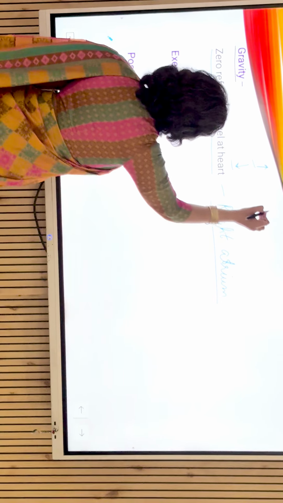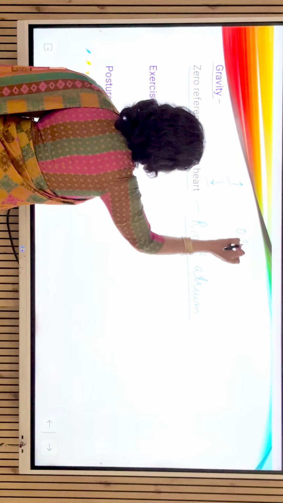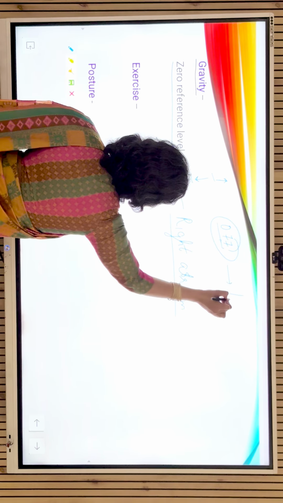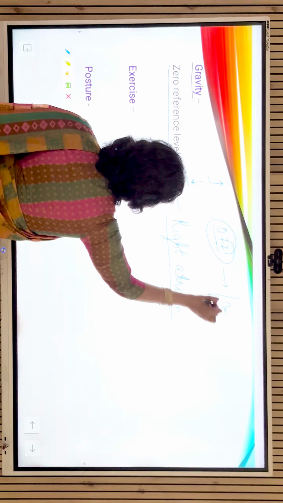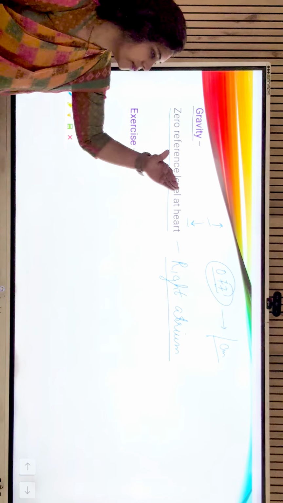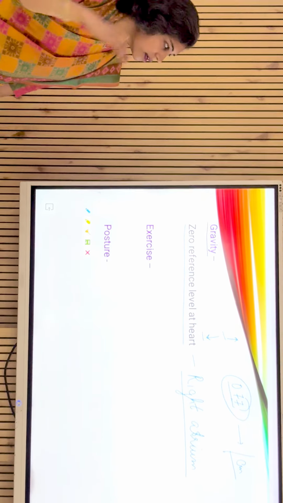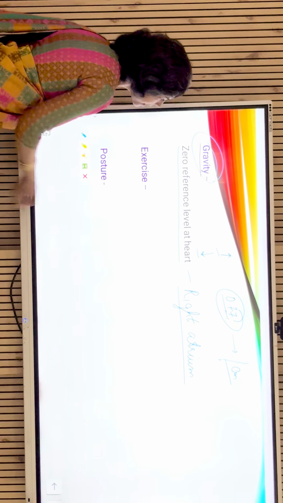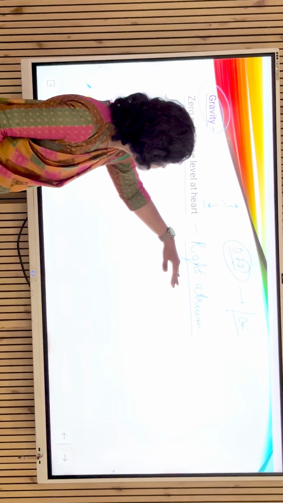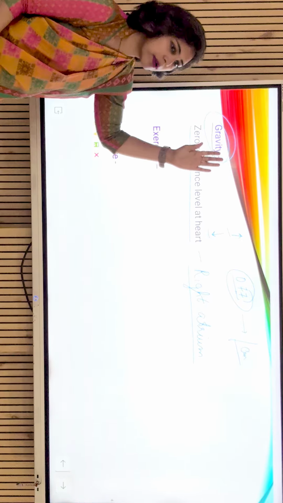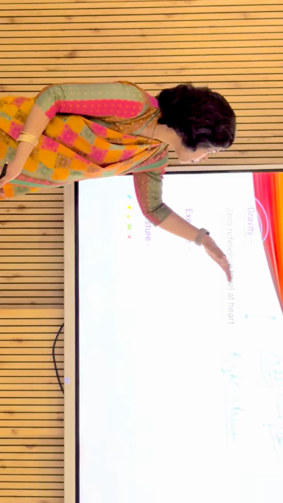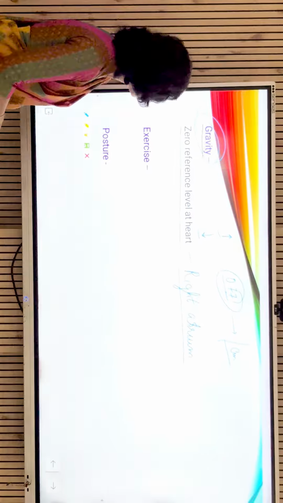The reason is the gravitational effect, 0.77 mmHg per centimeter increase or decrease in height. Okay, taking the heart at the zero reference level, that is at the right atrium, more blood pressure will be seen in the vessels below the heart, whereas lesser will be seen in the vessels above the heart.